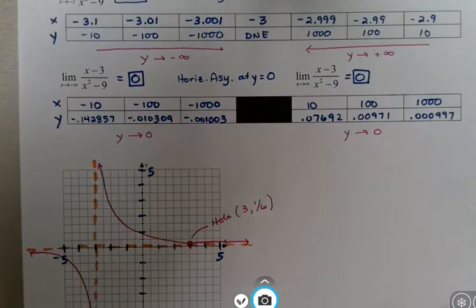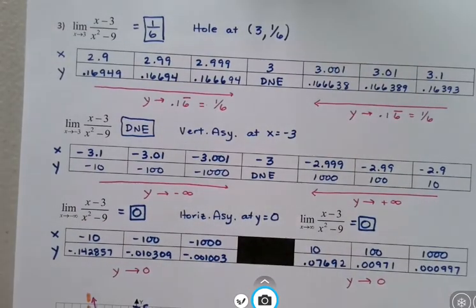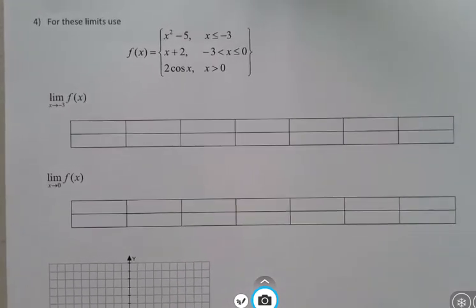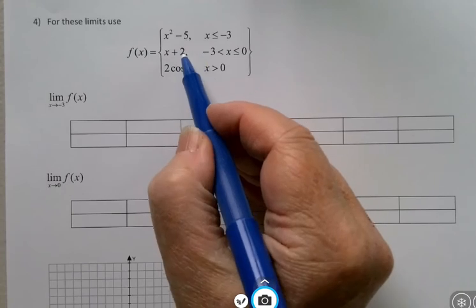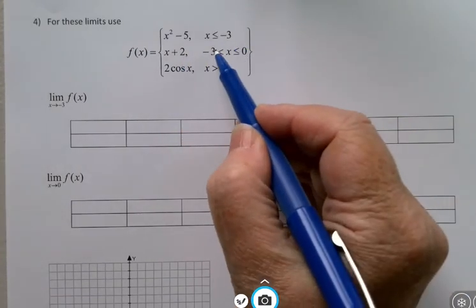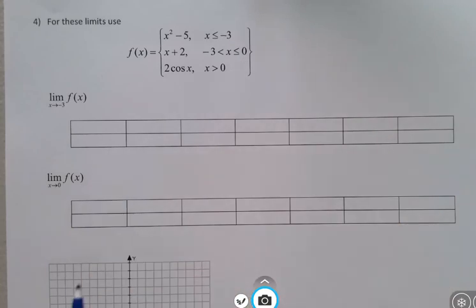All right, so this brings us to our last example. This last one is a piecewise defined function. Our function f of x is defined right here. Notice that where this piecewise function changes from one formula to the other is at -3 and again at 0.